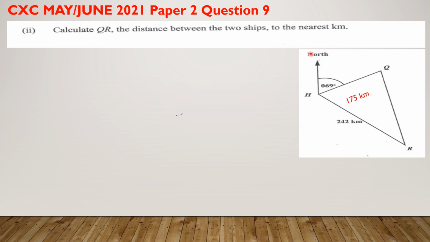So let's fill in what we know, that HQ, the distance is 175 kilometers, and we had worked out this angle here, that it was 151 subtract 69, and that is 82 degrees. Okay, so we have two sides of this triangle and one angle, so we know for sure that that is the cosine rule.